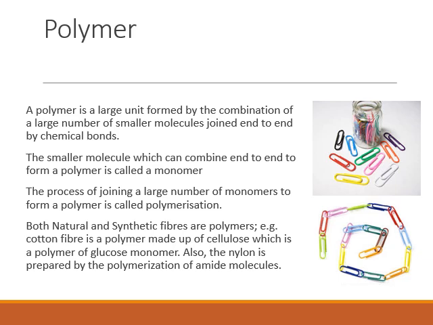You know all the plants are made up of glucose. So these glucose molecules are combined end to end and form cellulose, and these cellulose form a cotton fiber. Similarly, nylon can be prepared in industry by the polymerization of amide molecules.